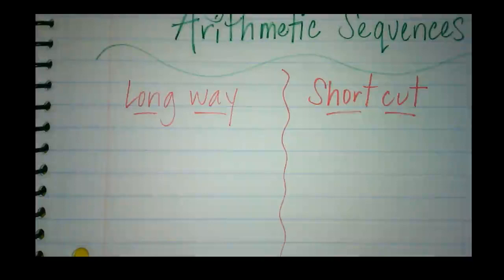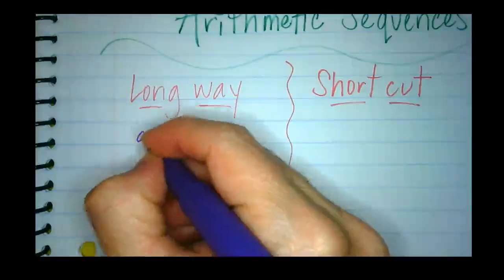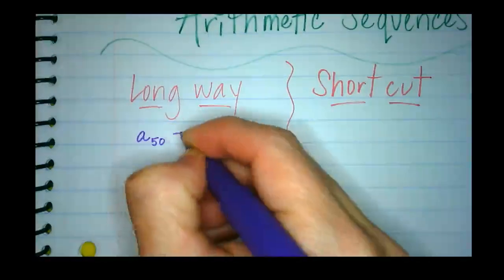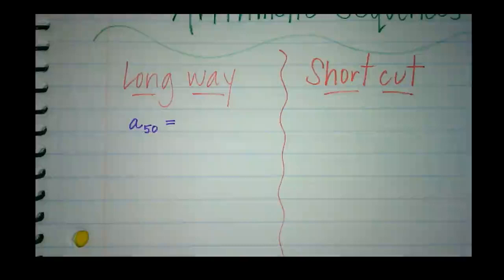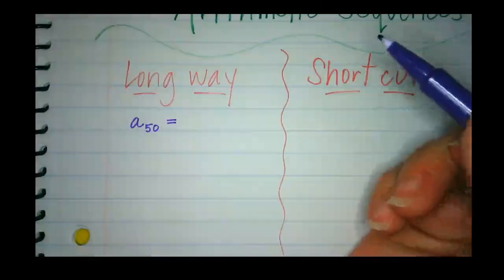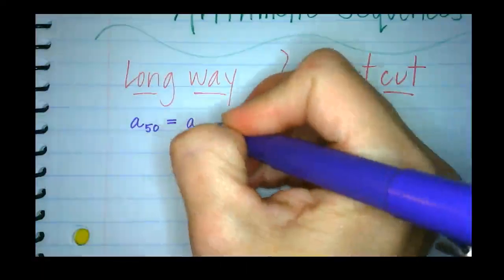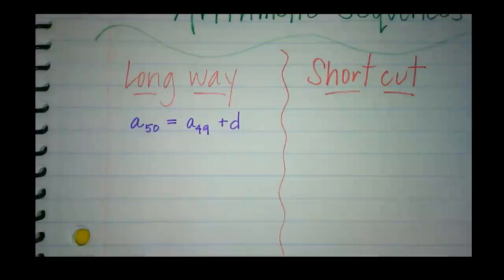Whenever we get an arithmetic sequence, we can figure out the 50th term if we wanted to. So let's say we wanted a 50. Just as bare bones as possible, in order to get the 50th term of a sequence, we have to know the 49th term, and then we add d to it.